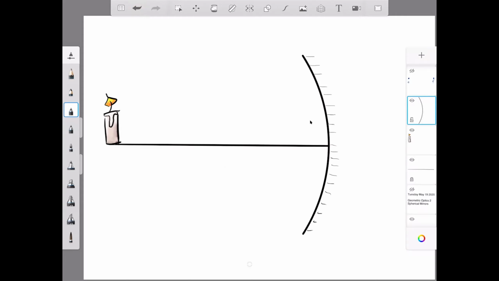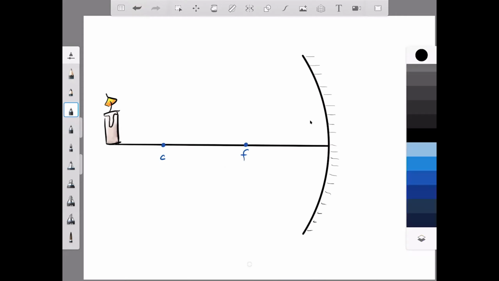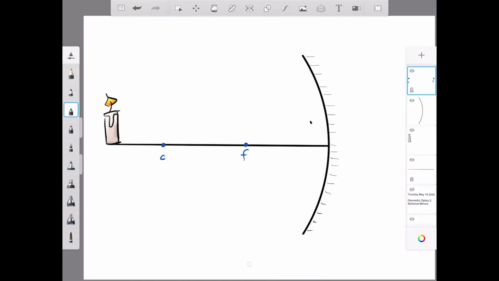Let me show you 2 special points for this thing, C and F. The C is going to represent the center of curvature. And the F is going to be called the focal length, or sometimes it's called the focal point.